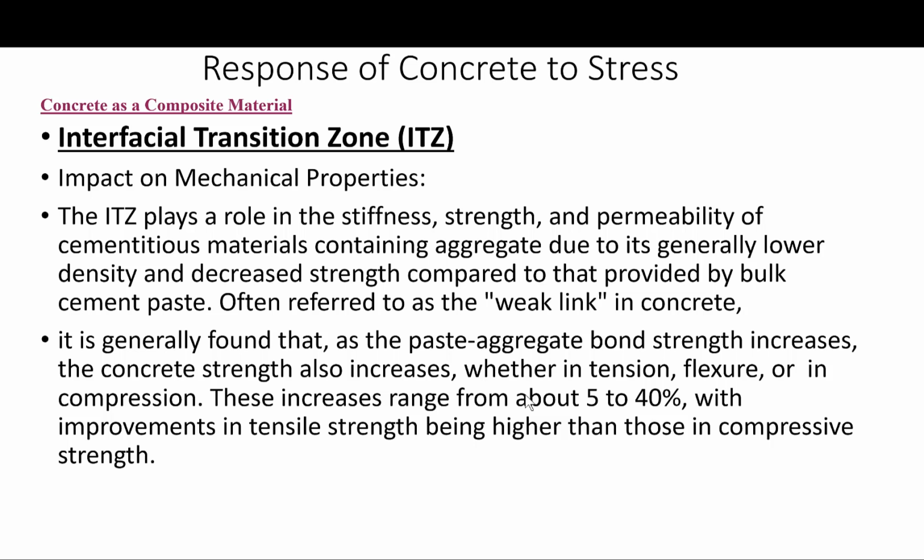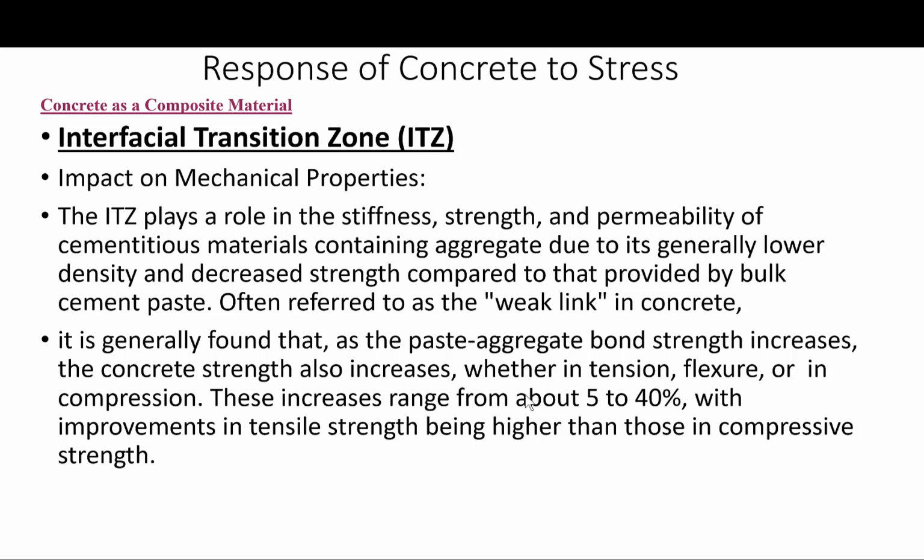Comparatively, in ordinary concretes, the ITZ has less crack resistance than either the aggregate or the hydrated cement paste, and so fracture occurs preferentially in the ITZ, which then constitutes, as we said, the weak link in the concrete.